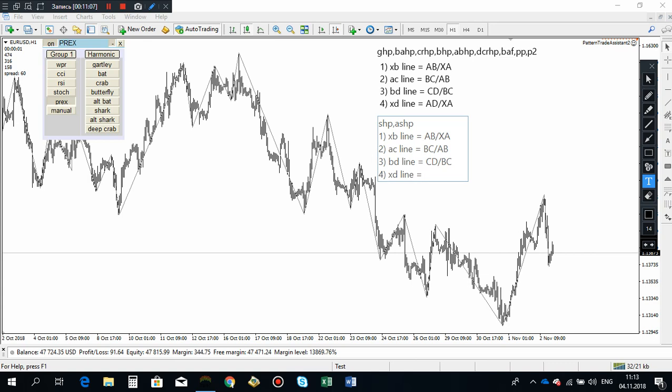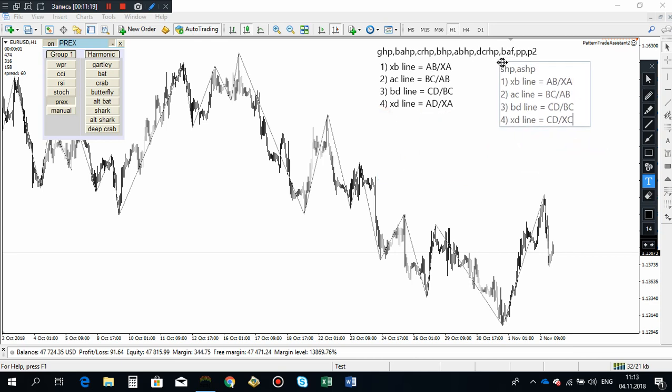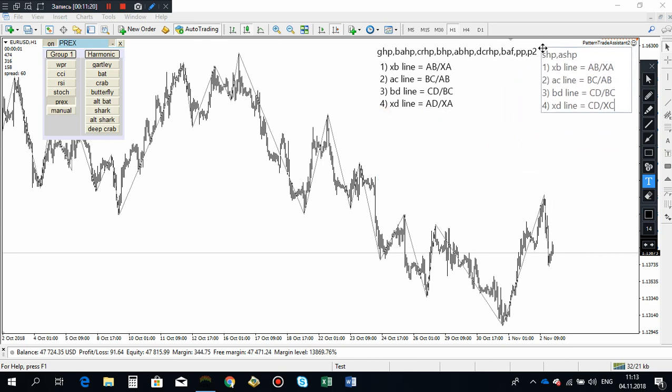It is CD divided by X to C this time. Not the X to A, but X to C. So this is the second group. Let me place it somewhere here, maybe close to this.